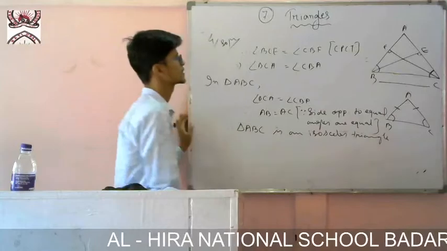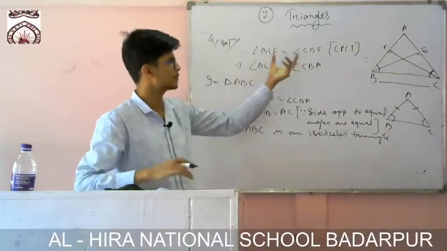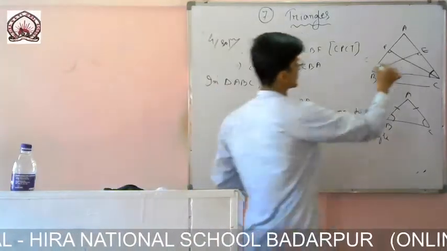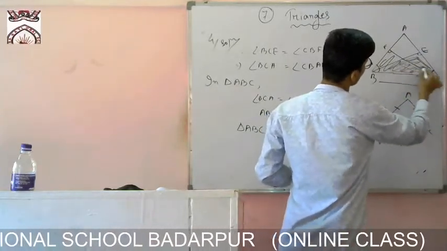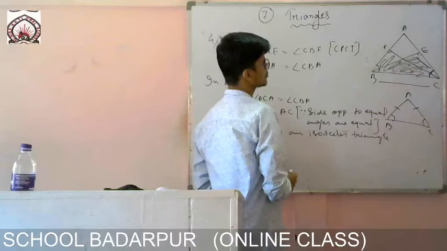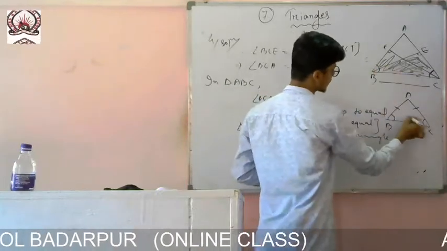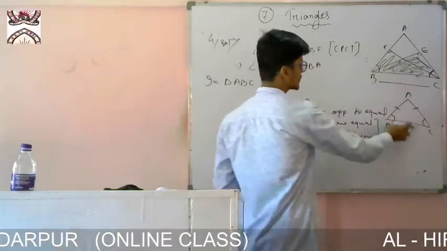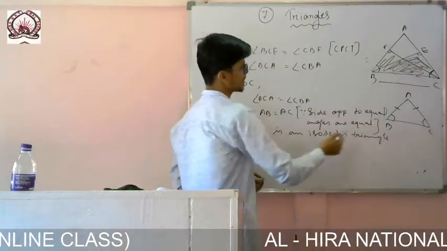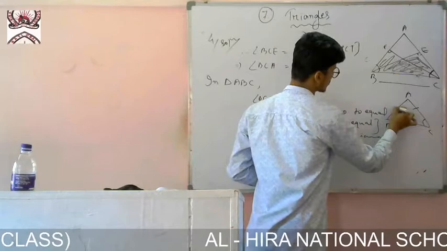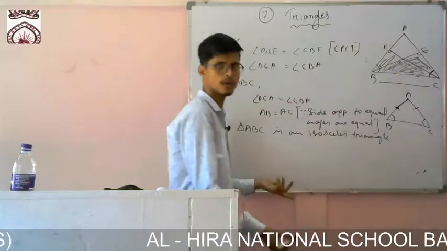Okay, finish this one. What we have done earlier, we have proved that these two triangles are equal. That is this triangle and this triangle, it is equal. Then after that, what I have shown, if these two triangles are equal, that means this angle will be equal to that one. And if these two angles are equal, then I can write angle BCA will be equal to angle CBA, because I can extend this one, up to A. Okay, no problem.